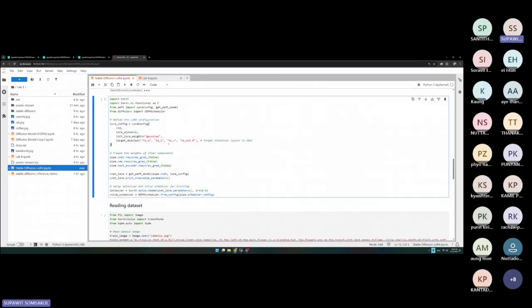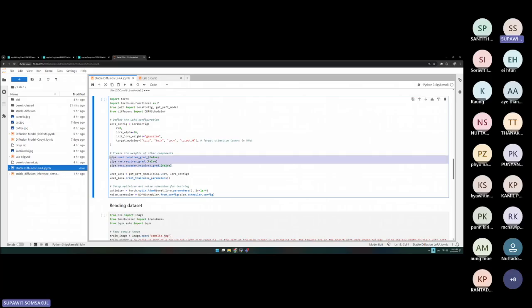And because we are going to target just a small amount of the parameters, we are going to freeze the weights of other components that will not be trained in LoRA training, which are the other parameters of UNet, other parameters of VAE, other parameters of text encoder. We set requires_grad to false.